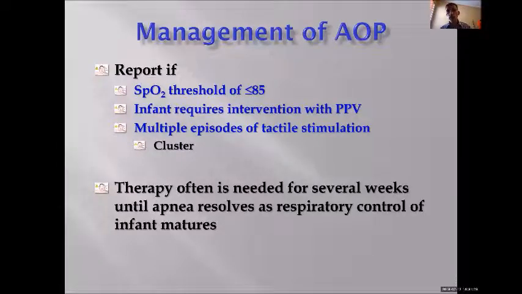First, we should have an apnea alarm or apnea report. And we report apneas, or we should report any baby desaturation below the level of 85. Or we also should report any babies who need positive pressure ventilation. Or when the baby has clusters of events. Also we report babies who have respiratory pauses more than 20 seconds without desaturation.